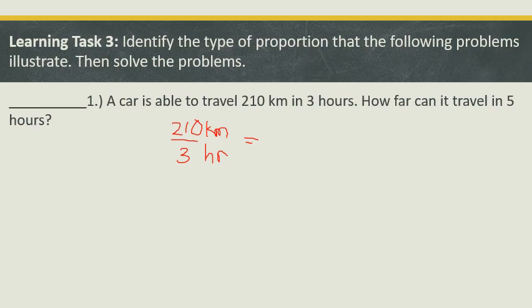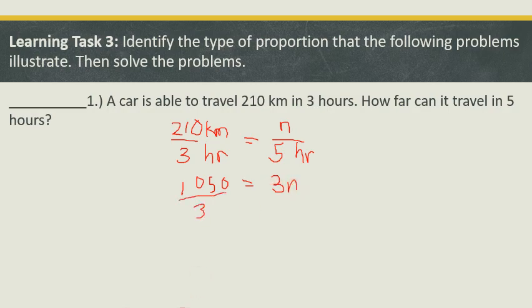Equal siya sa ilang kilometers yung kabila? Wala. So, ito ang n natin. And ilang oras? 5 hours. Ngayon, cross-multiply lang natin. 210 times 5 is 1,050. And 3 times n is 3n. Ngayon, saan i-divide? Yung katabi ng n, which is 3.